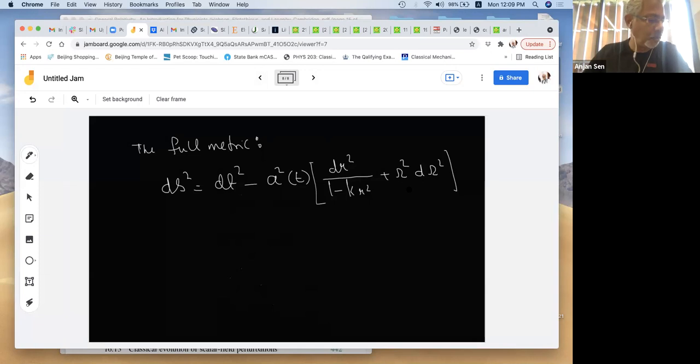That is my overall metric, and this small k can take the value 0, +1 or -1.